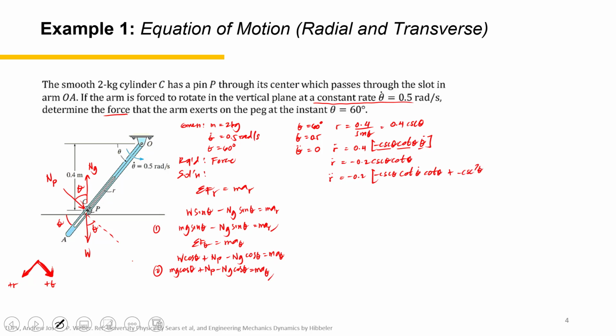That is the derivative of cotangent theta times the derivative of the variable, which is theta dot, and times the left part, which is the cosecant theta.